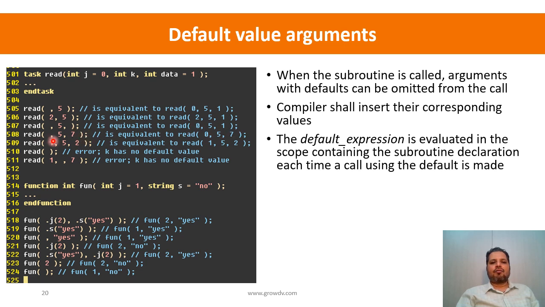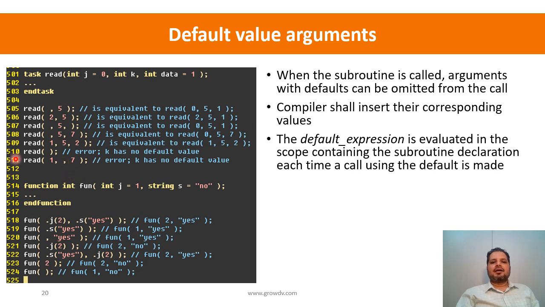I can also pass all the arguments. It doesn't mean that if I define the default value, I cannot pass a different value. I can still pass whatever values I want. When I don't want to pass any values, the default value comes into play.